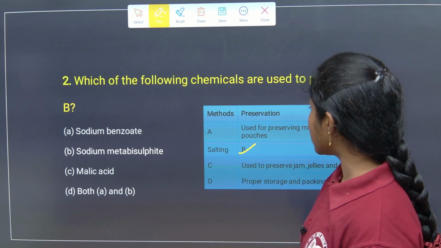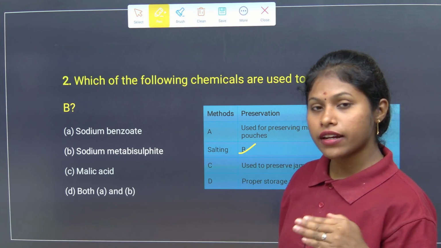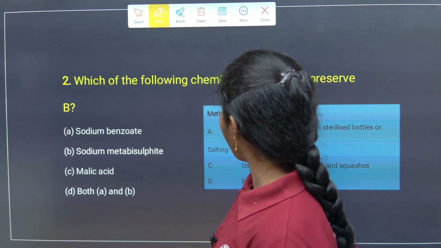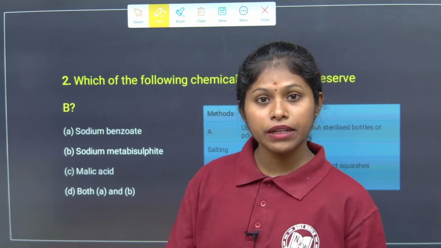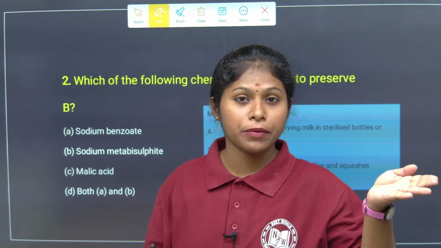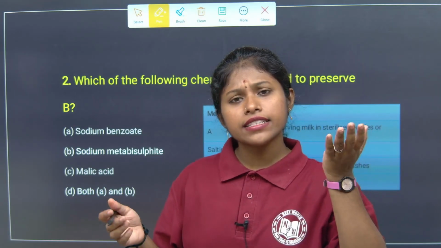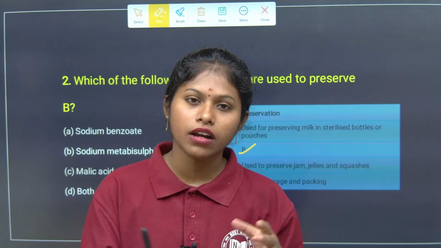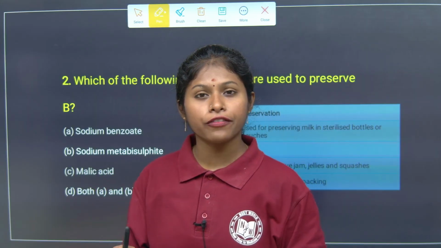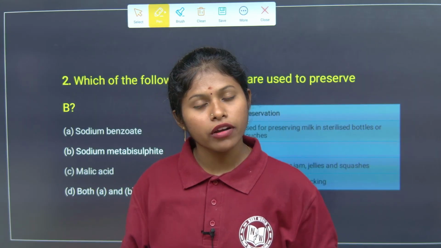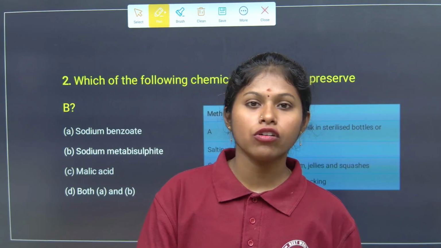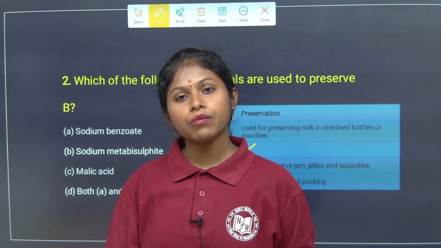So, children, if the natural methods are not occurring, then what are we going to deal with? Natural preservative methods increase the shelf life only a few days. The shelf life of natural preservative methods is shorter than that of artificially used preservatives like chemicals, which increase the shelf life for more time.